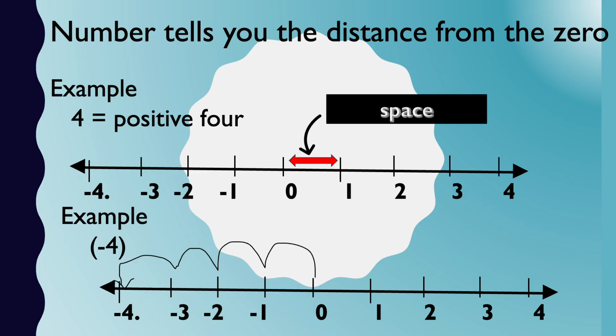Okay, -4 lies 4 spaces to the left of 0. That's how we read the distance from 0, I mean the numbers.